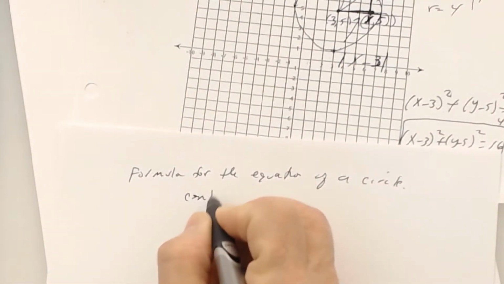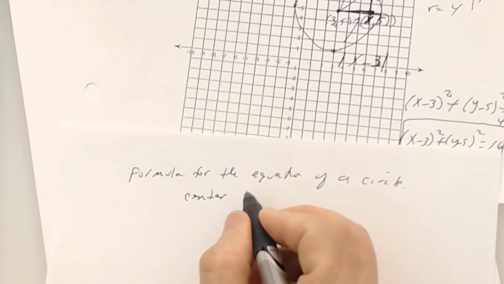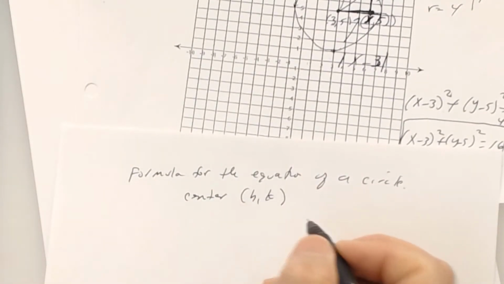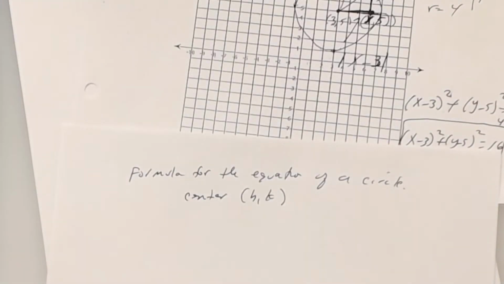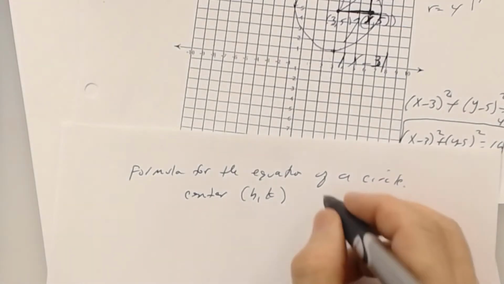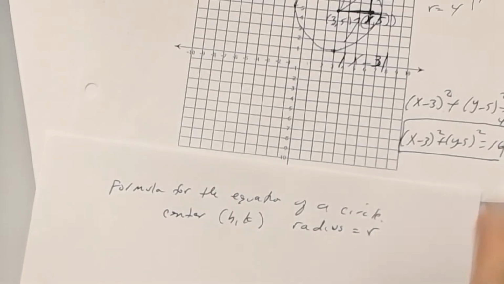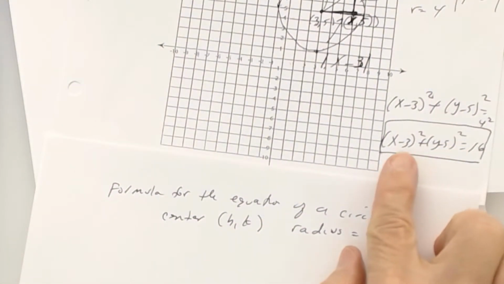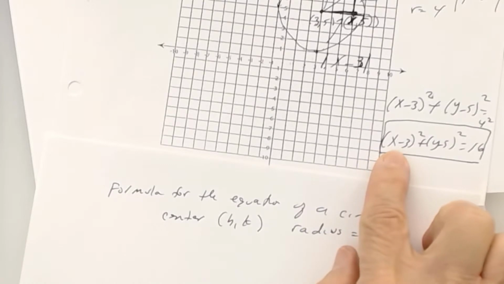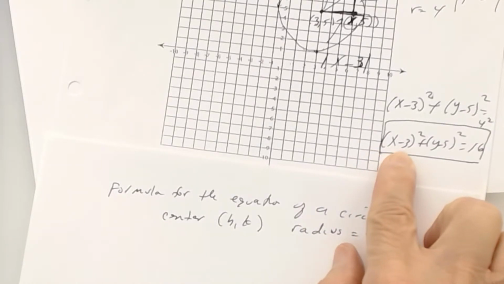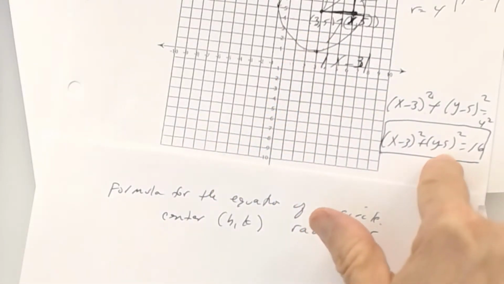Now that's assuming that your center, we're going to denote the center as (h, k). The center for a circle is denoted as (h, k), and the radius is r. Okay? Notice that in the equation we just found, it was x minus 3, and my center was 3, 5, and then y minus 5.